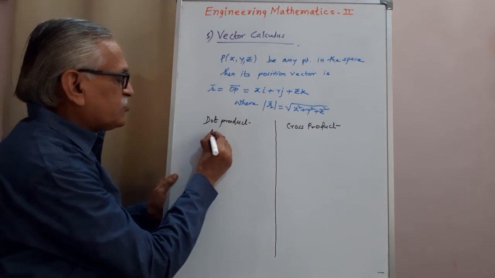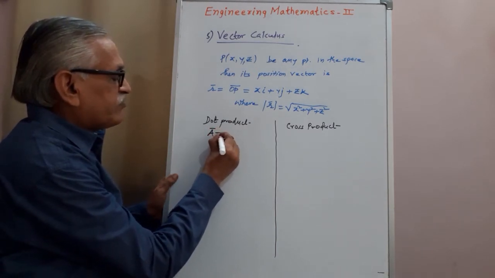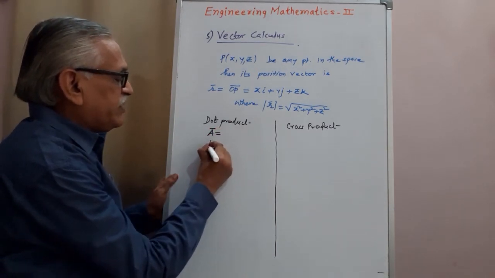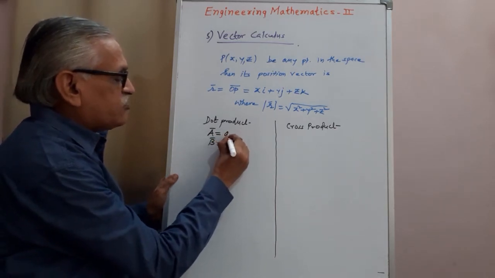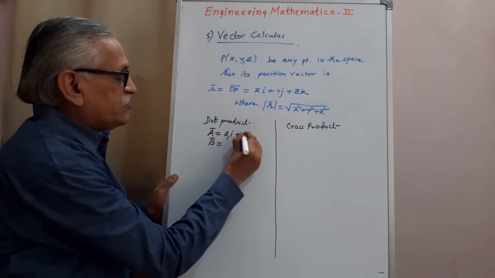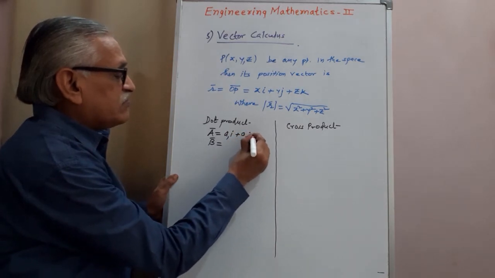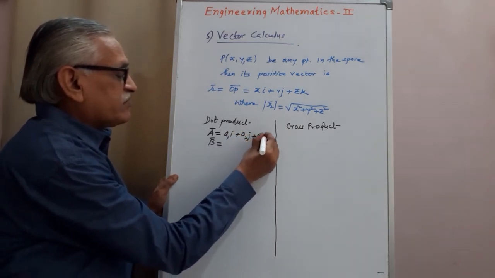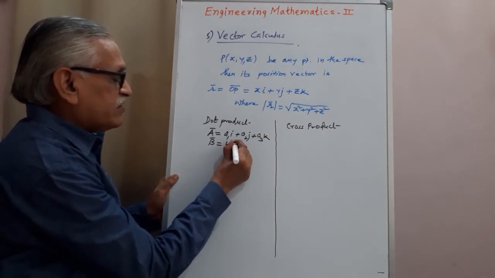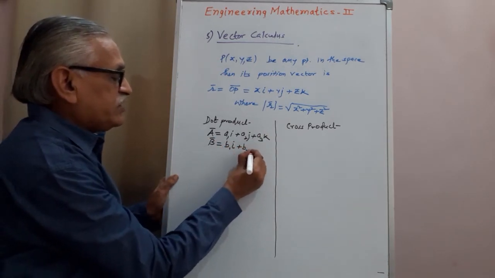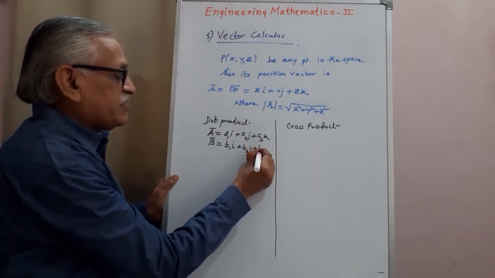For that we consider two vectors, vector A and vector B. Vector A is A1i plus A2j plus A3k, and vector B is B1i plus B2j plus B3k.